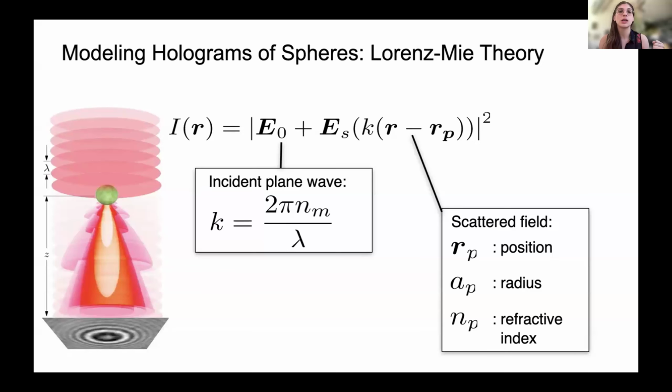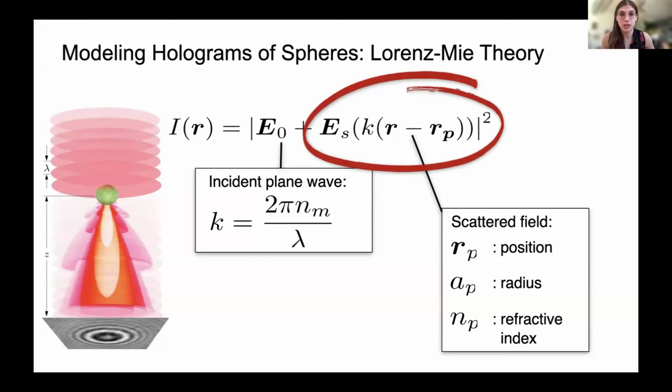The way that it works is we model the intensity at each pixel as the sum of the incident plane wave as well as the scattered field. And this scattered field will encode information about the sphere that scattered the light, including its 3-dimensional position, its radius, and its refractive index.